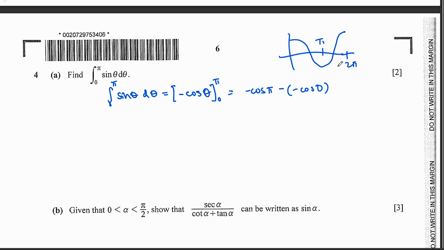So at theta equals 0, this will be 1. And cosine of pi is here, so it will be negative 1. So minus negative 1 minus negative 1, there will be a positive 2. Alright?